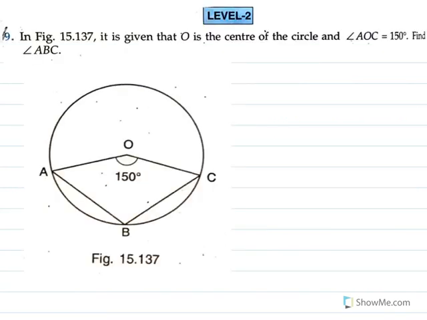Here angle AOC is given to us, and we need to find angle ABC. Now angle ABC is connected to this reflex angle AOC. So we have to know reflex AOC first. If it is given to us that angle AOC is 150, here is AOC, this is 150.